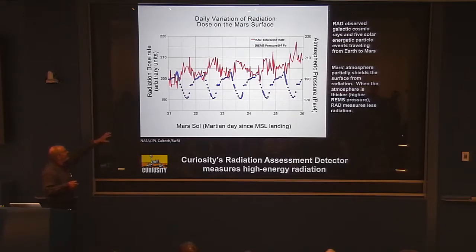Interestingly, now we have the pressure measurement basically in blue, and radiation measurement from cosmic radiation, and you can see as the pressure decreases, the radiation increases, so they're exactly juxtaposed. So the radiation environment on Mars changes diurnally.